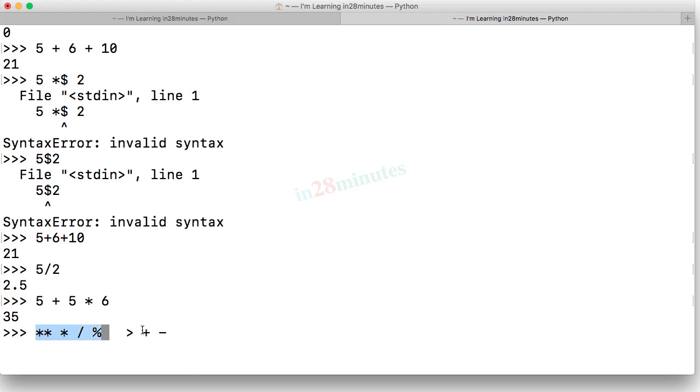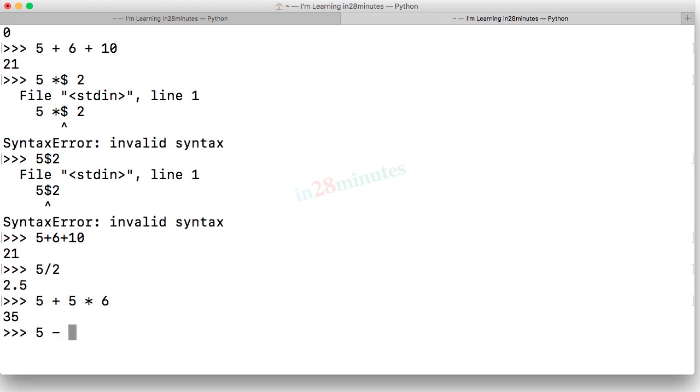These operators have greater priority than plus and minus. So in this expression, star has a higher priority, so it's executed first. So 5 into 6 is executed first, 5 into 6 is 30, and 30 plus 5 is 35, and that's the result. I would recommend you to try a few expressions and see what would be the results, and understand how precedence works.